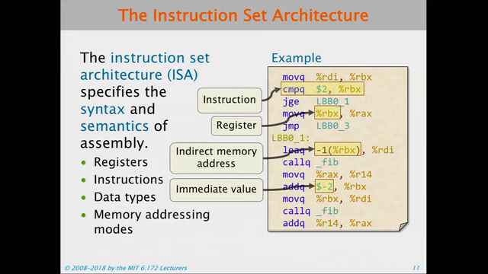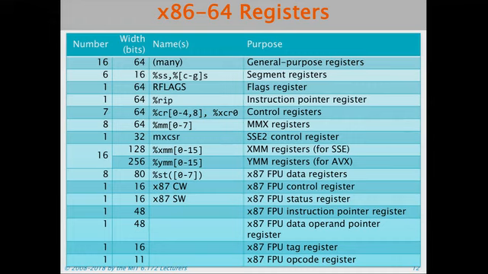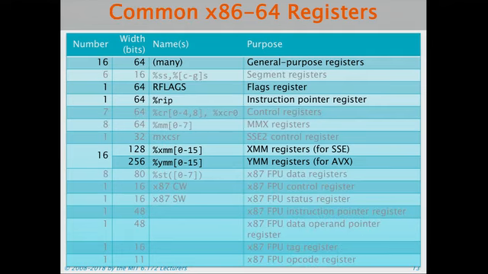The registers are where the processor stores things. And there are a bunch of x86 registers, so many that you don't need to know most of them. Okay? The ones that are important are these. First of all, there are general purpose registers, and those typically have width 64.